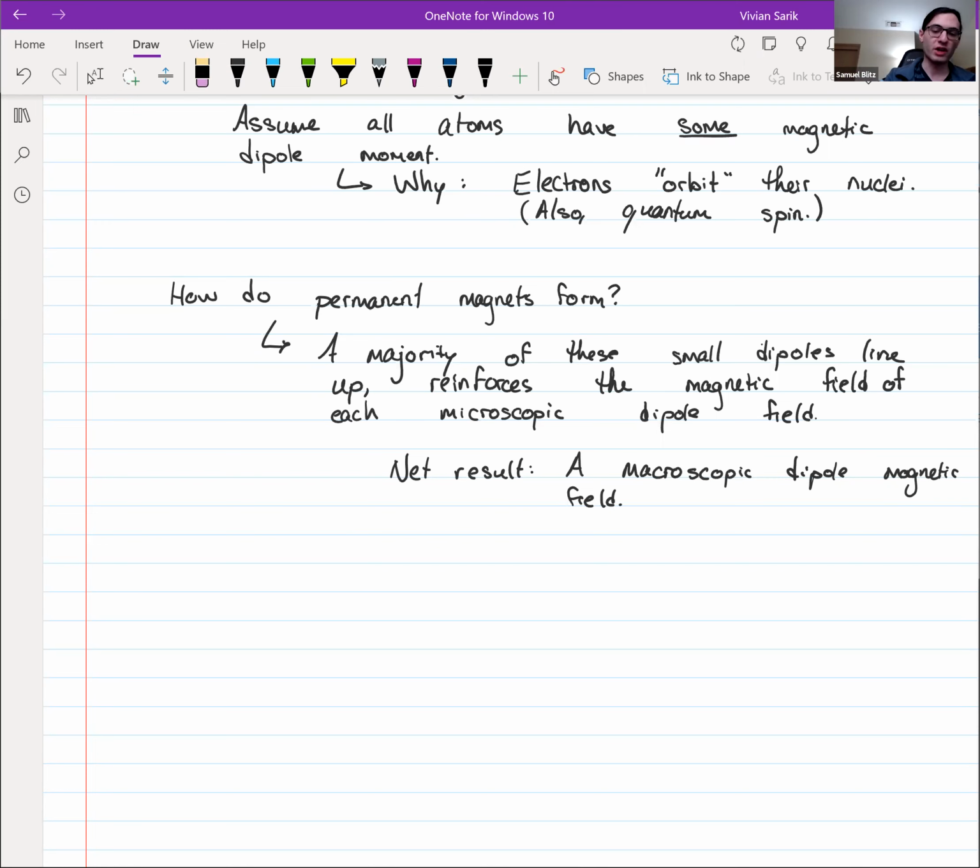This process, where small individual atomic dipole moments all line up, is called ferromagnetism.